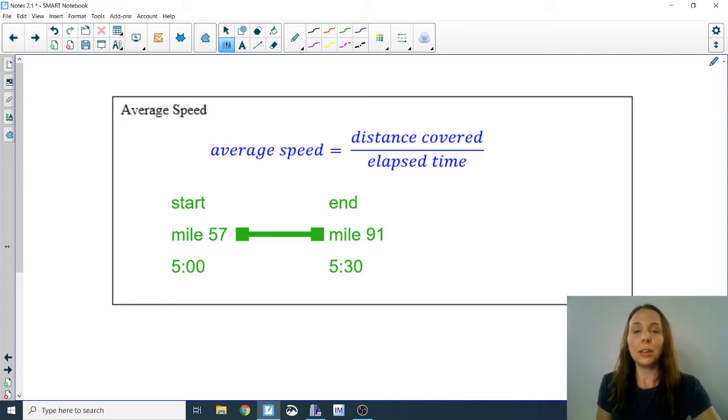Average speed and then finding instantaneous speed, those are foundational concepts to beginning calculus. And so in the very first section of the very first unit of the year, we start to build that foundational knowledge. You're not actually going to see me write out a limit today.